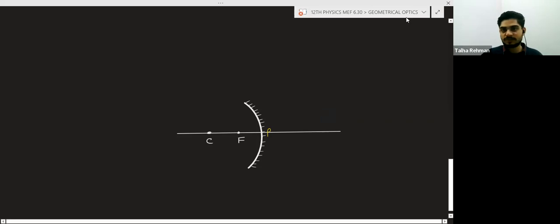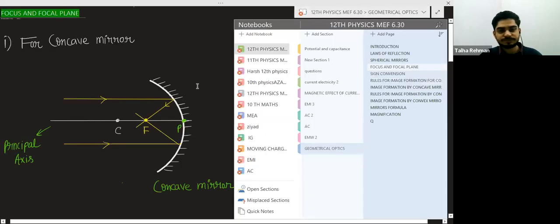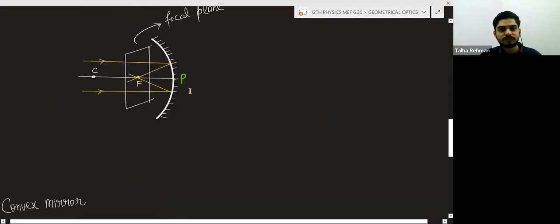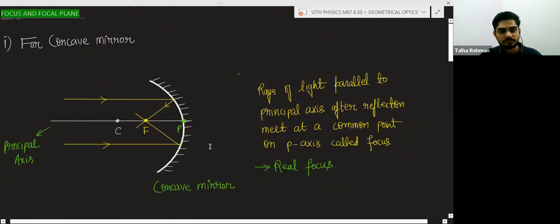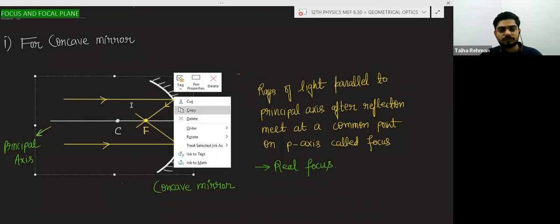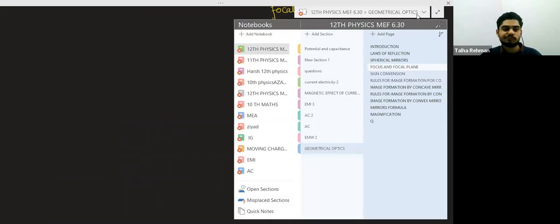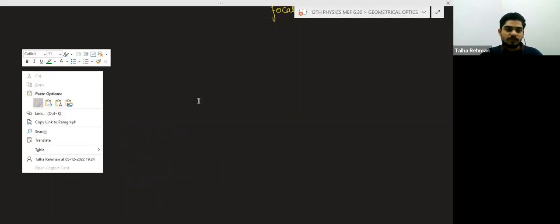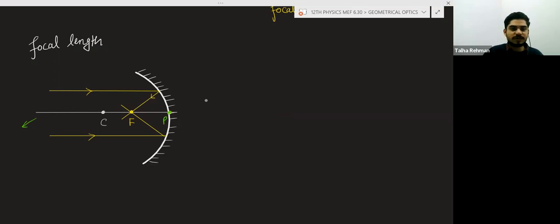So first we should discuss the focal length. Focal length means the distance between the focus and the pole is known as the focal length.